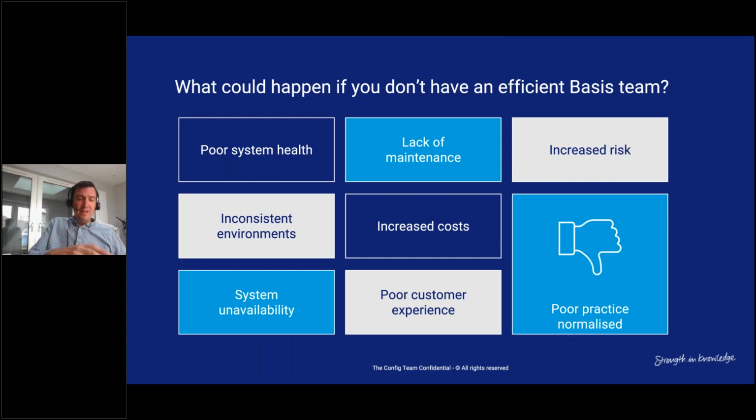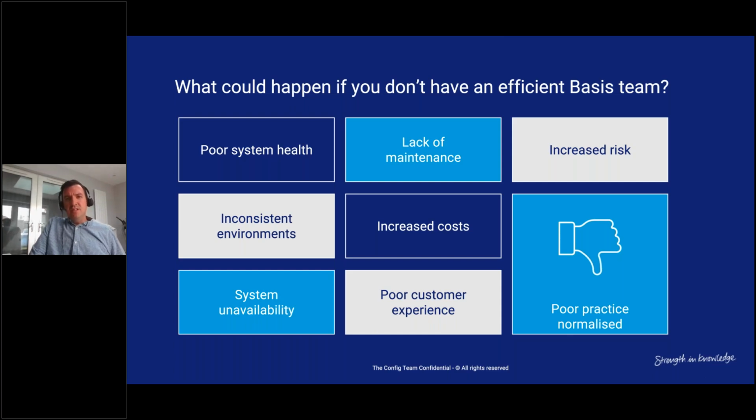For example, you may have an issue that only appears in your quality system, not in your development or production system, meaning it can take a lot longer to find a proper resolution when fixing those incidents, because those problems cannot be replicated in other environments. So it's always key to have environments aligned and consistent all the time.